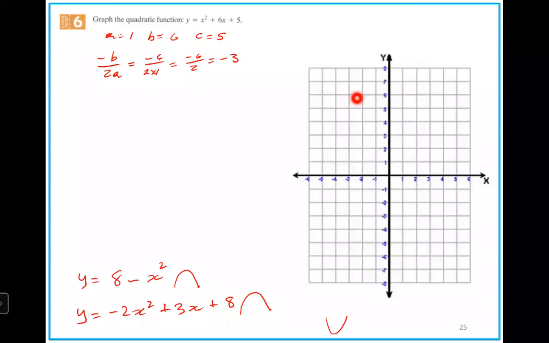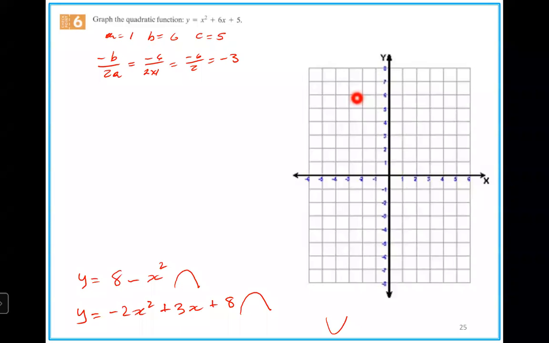So that would be 1 squared plus. Well, you said 1 squared? Yeah, so x squared. Why do you use 1? Didn't we just work out that x is equal to -3?